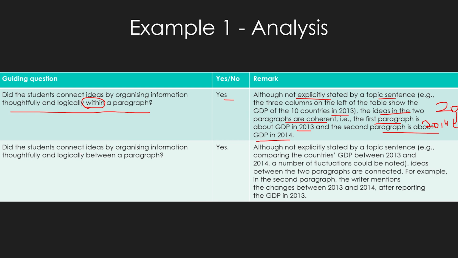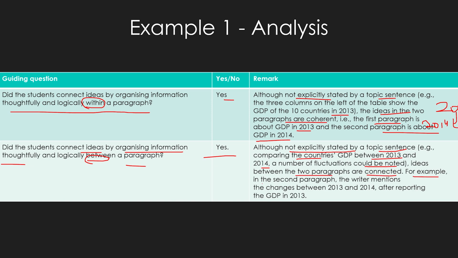Did the student connect ideas by organizing information thoughtfully and logically between paragraphs? Did they do that? Yep. Although not explicitly stated by a topic sentence, comparing the countries' GDP between 2013 and 2014, a number of fluctuations could be noted. Ideas between the 2 paragraphs are connected.